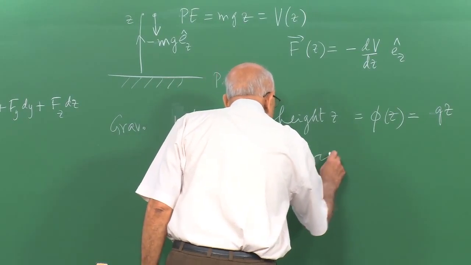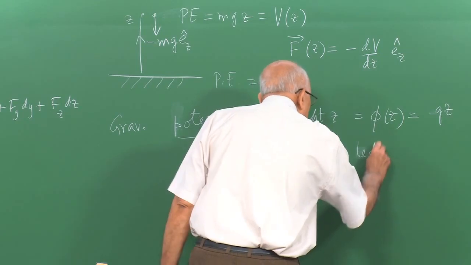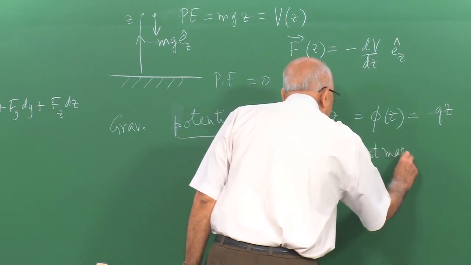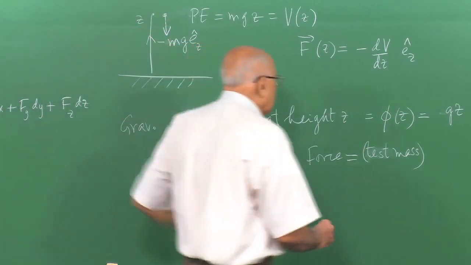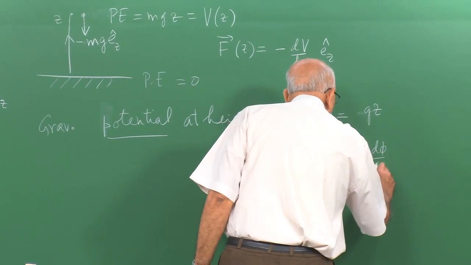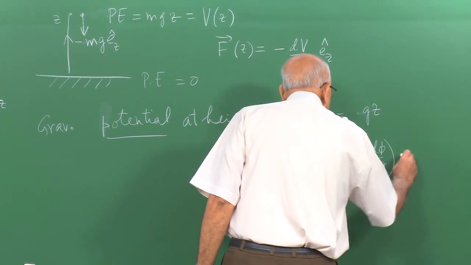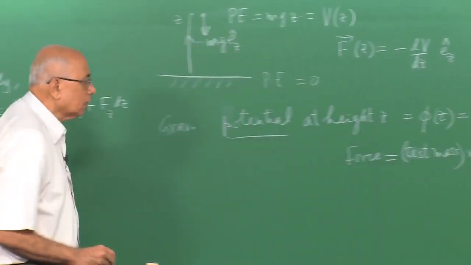So force equal to mass, let me call it test mass, whatever be the mass that you put at this point, multiplied by minus d phi over dz times Ez in this fashion.